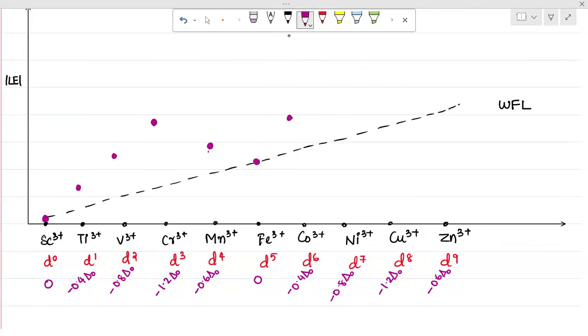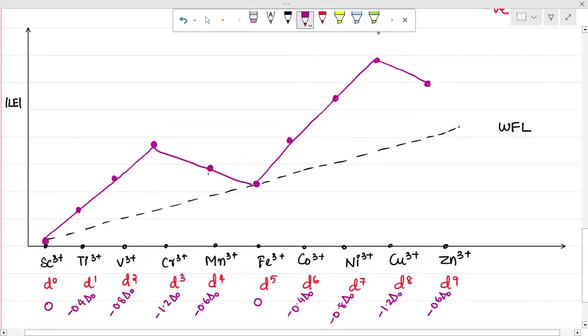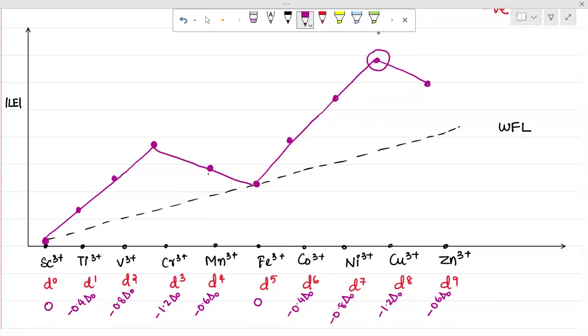Over here also, higher, higher, and higher, and then you decrease like this. So this is the actual trend of +3 ions that you see. If you can see over here, d8 for copper +3 shows the highest lattice energy. So this is when you have a weak field ligand.